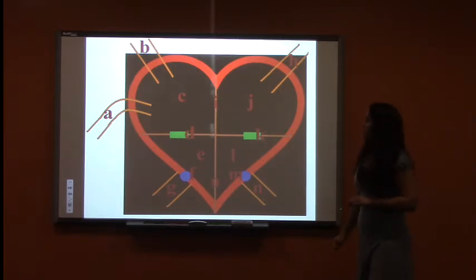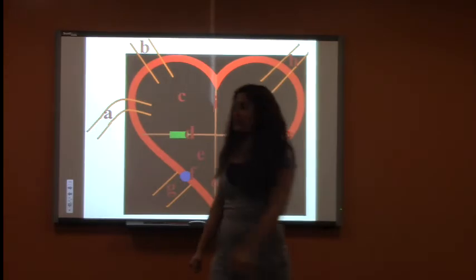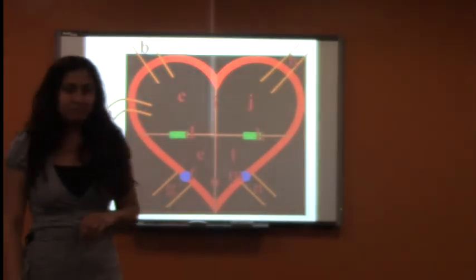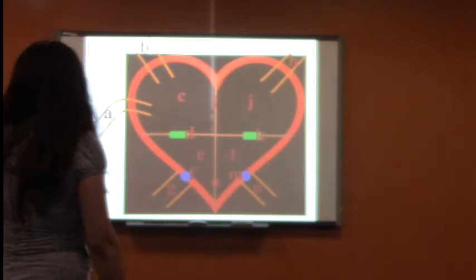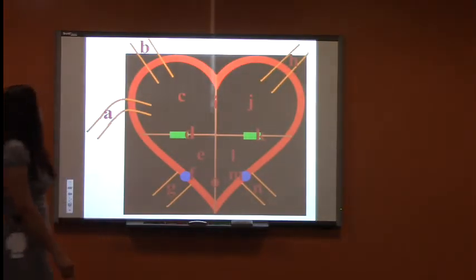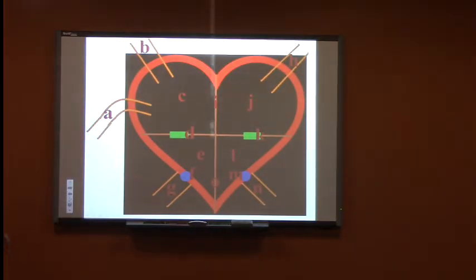Okay, so what is A and B? What's A? Inferior vena cava. B? C? D? We have 2 types. Which one? Tricuspid.